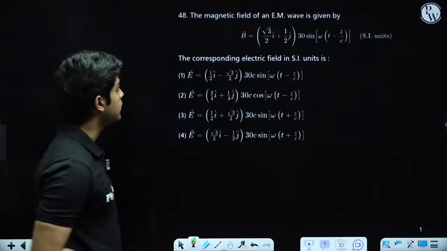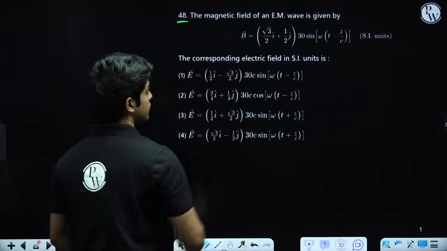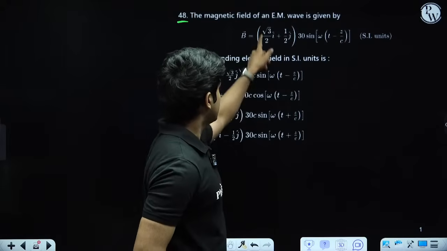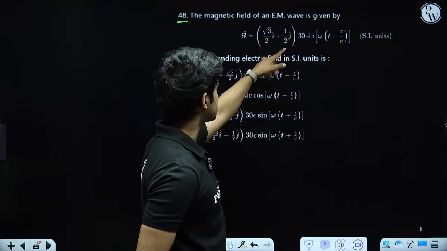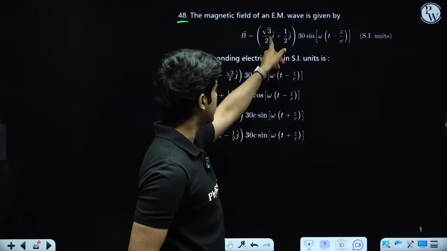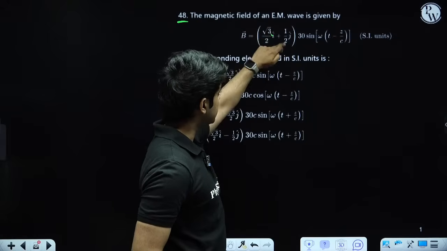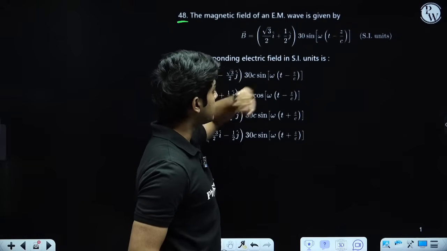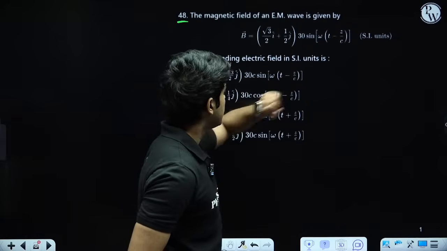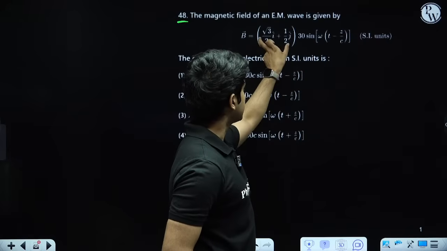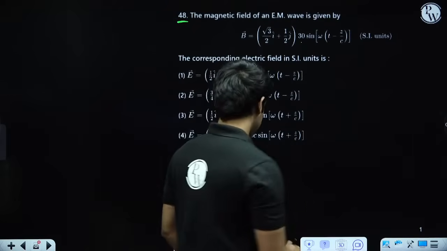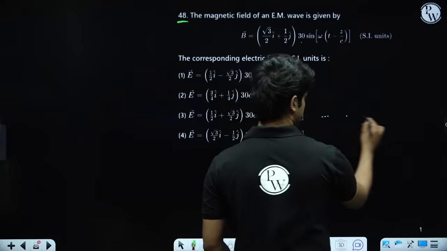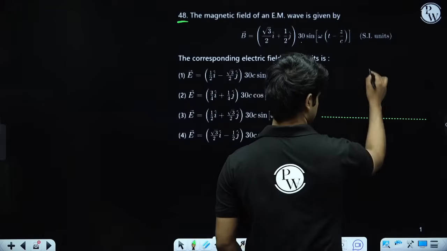The magnetic field of an EM wave is given by this formula, root 3 by 2 i plus j by 2. So what direction is this? If you do tan theta, it will be 1 by root 3. So this is 30 degrees with the x-axis. That is the unit vector written over here, times 30 sine of omega t minus z by c. This is the x-axis and this is the y-axis.